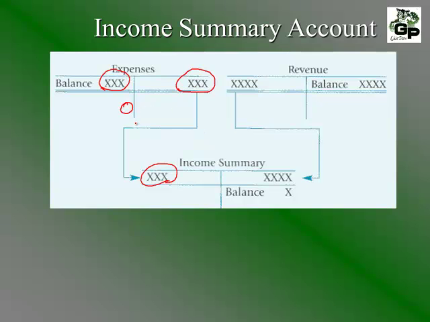So now we have a zero balance in the expense account, and that money has been transferred to the Income Summary Account. The balance remaining in the Income Summary represents our net income in this example, or in other examples it could be a net loss. So right here, this amount is our net income.